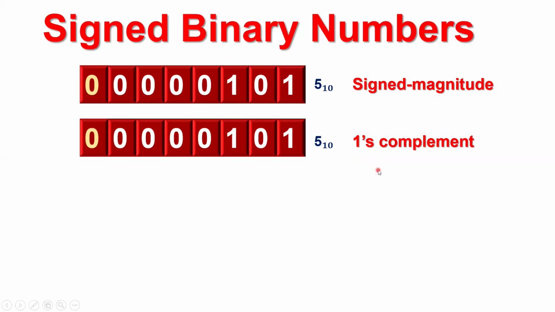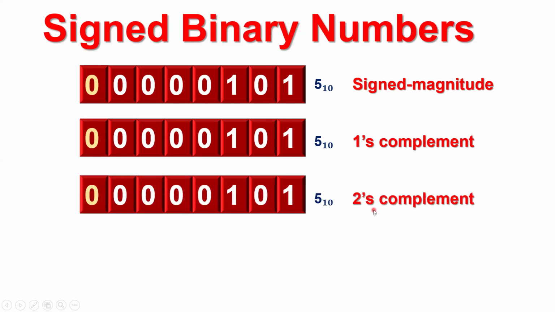The third form of signed binary integers is the 2's complement form. Again, decimal 5 represented using 2's complement form is the same as signed magnitude, ones complement, or unsigned.